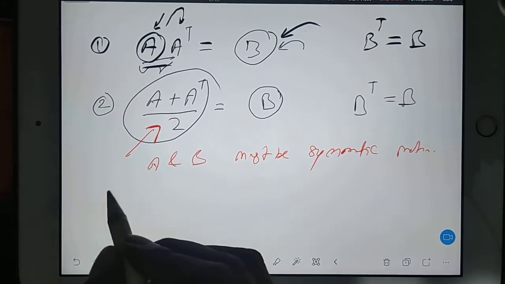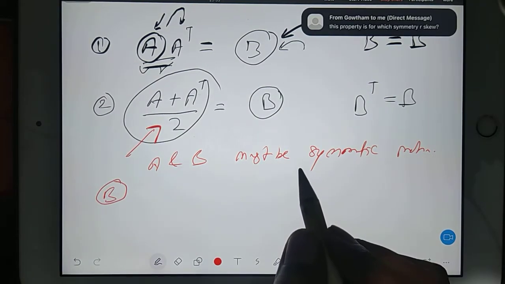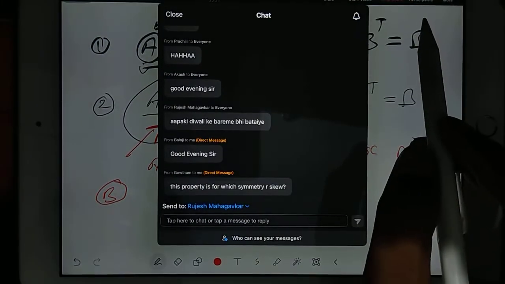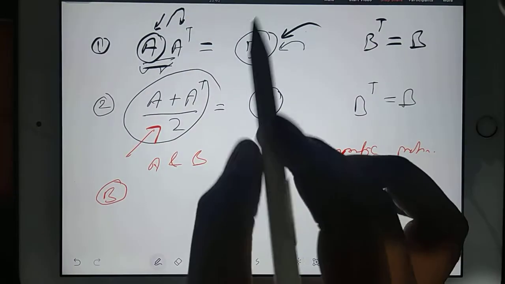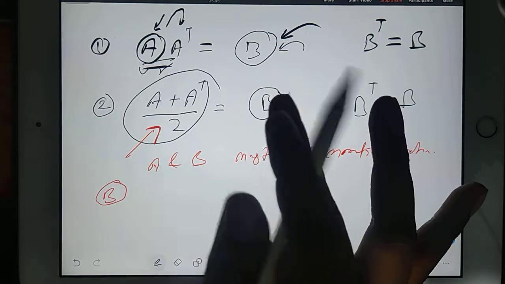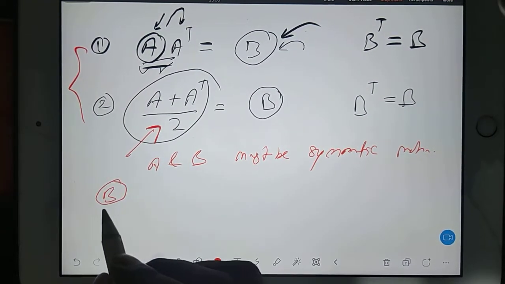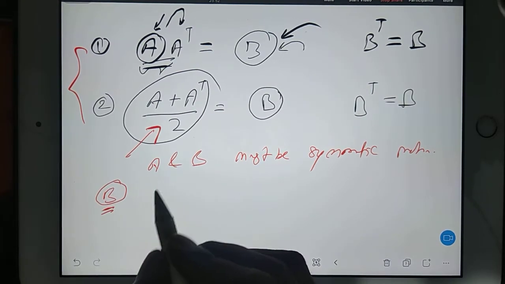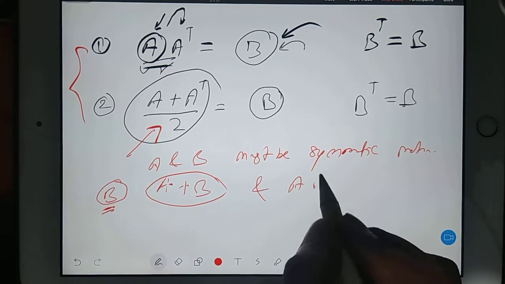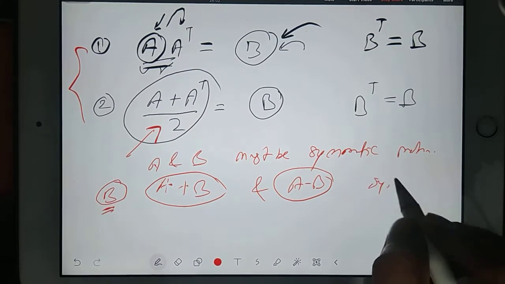Now suppose you have any matrix B. These are the properties if we are considering two matrices, and in what sense we are adding or multiplying, then what our final product is. Based on this we are discussing. Suppose you have A plus B and A minus B. They will also be symmetric matrices.